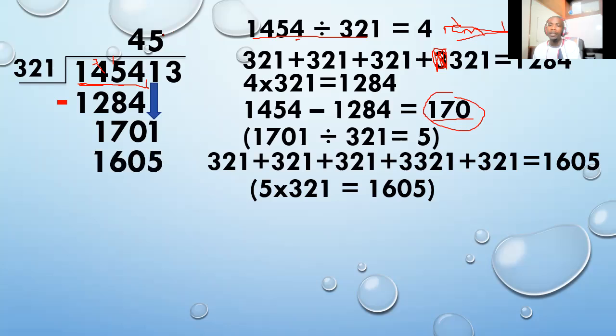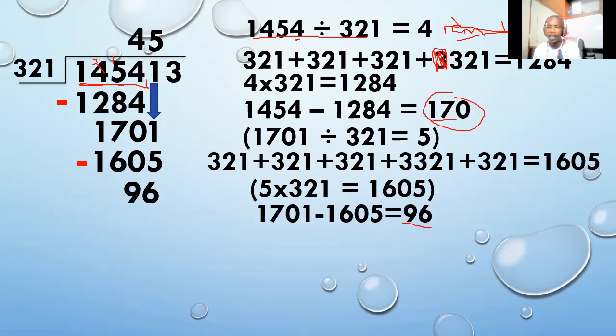Then we write that 1605. We've multiplied 5 times 321, 1605. Then this number, we subtract it from 1701. And what do we get? 96. So if we subtract it, we get 96.